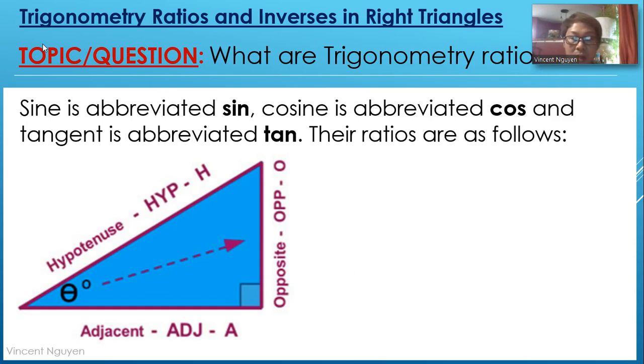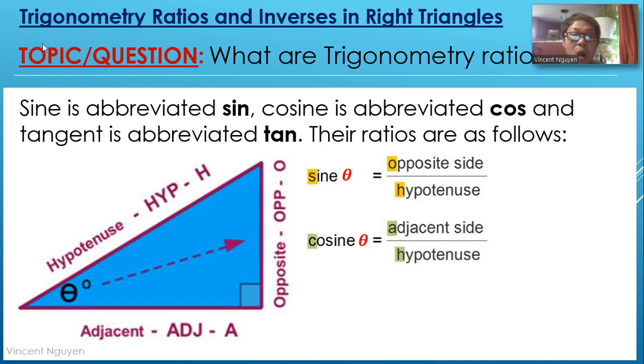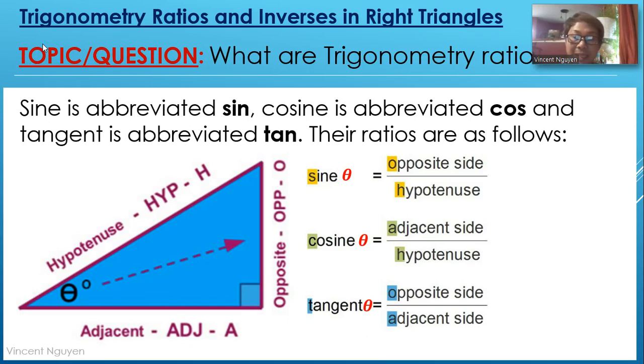So how do these work? Well, if you are using sine, you're going to have the ratio of the opposite side divided by the hypotenuse. If you are using cosine, then you are setting up the ratio as adjacent over hypotenuse. And if you are using tangent, it's going to be opposite over adjacent.